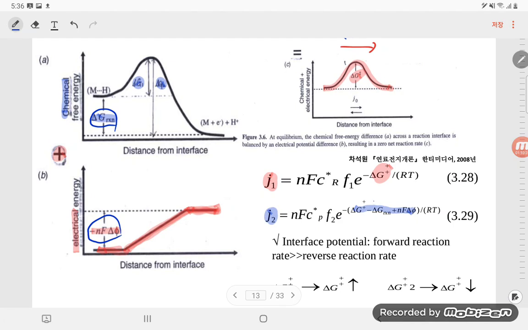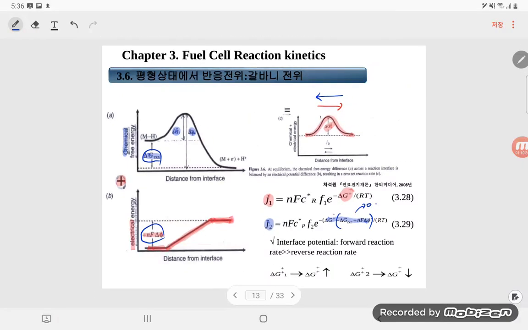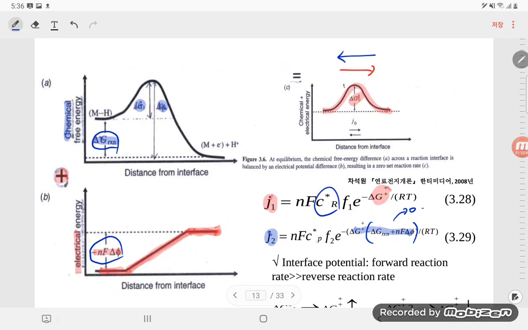The sum of these two values goes to 0, right? Then it is the same as J1, right? J1 equals J2, because they are the same.